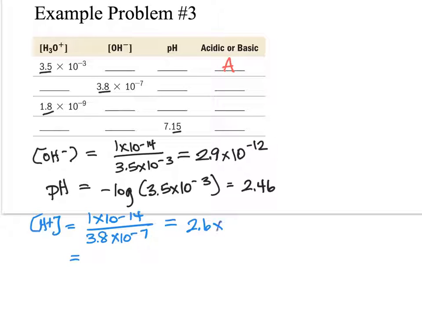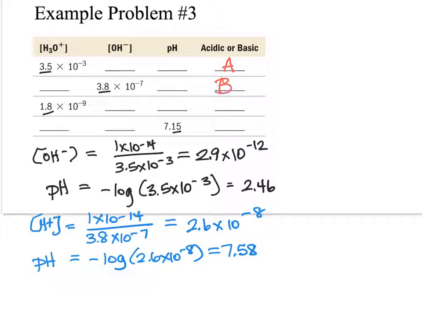So 2.6 times 10 to the negative 8th. pH is equal to negative log of 2.6 times 10 to the negative 8th. And I am getting 7.58. So for this particular solution, the pH is a little bit higher than 7, so it would be considered basic.